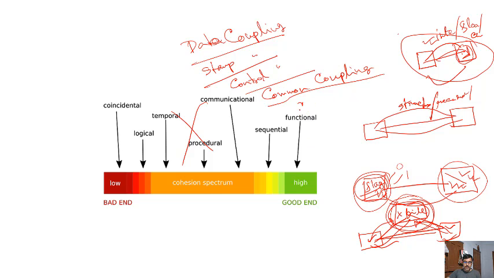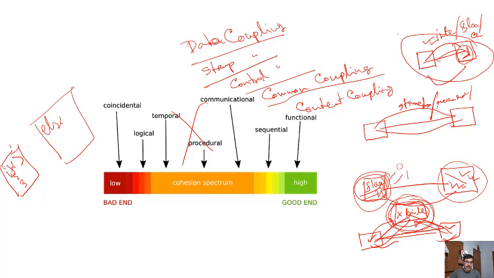And the last type of coupling is content coupling. Content coupling exists between two modules if they share some code. Suppose this is a module with an if condition, and the if block is written here, and this is another module, where the else part of this if condition is written.